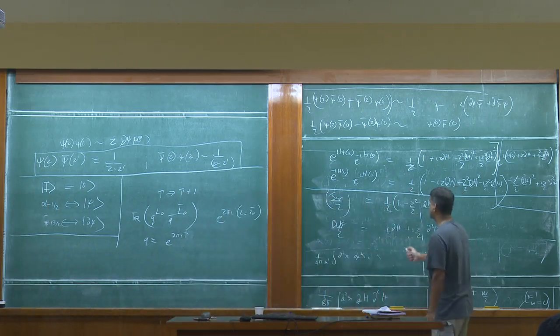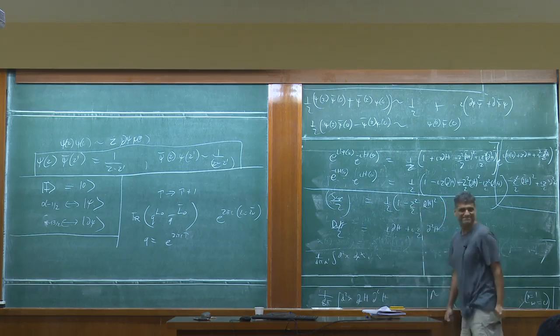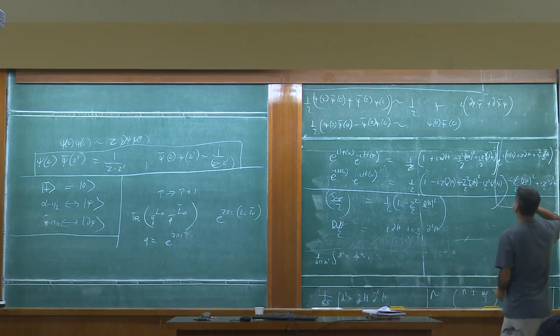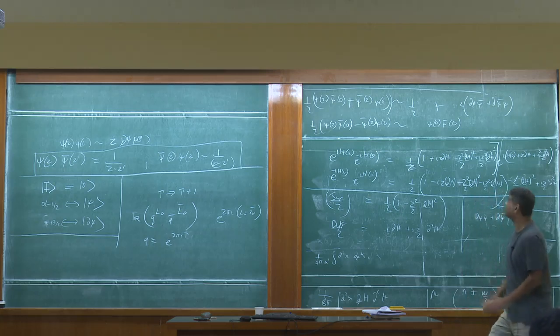Let me compare, to start with, the terms in the sum that were z squared. In the sum, the terms that were z squared, the coefficient of z there was ∂ψ̄ ψ plus ψ̄ ∂ψ.